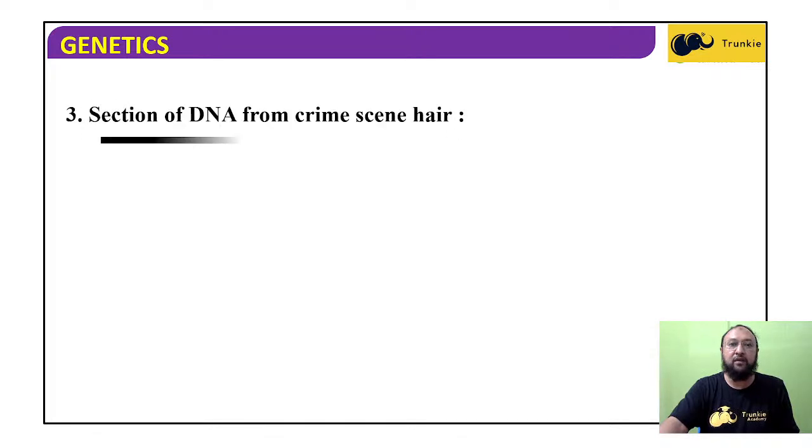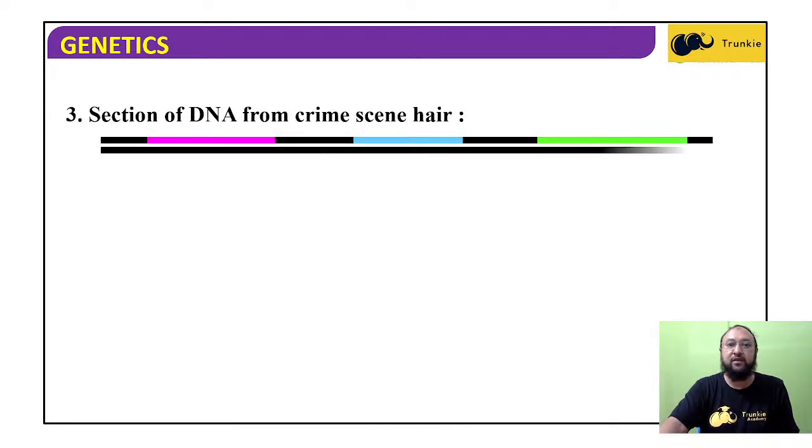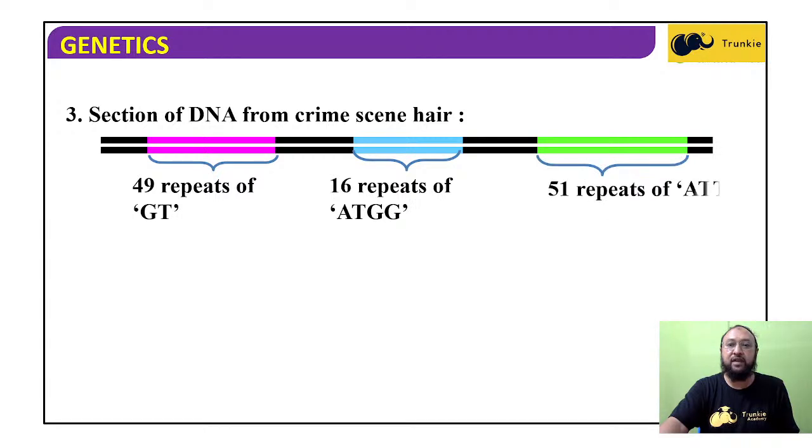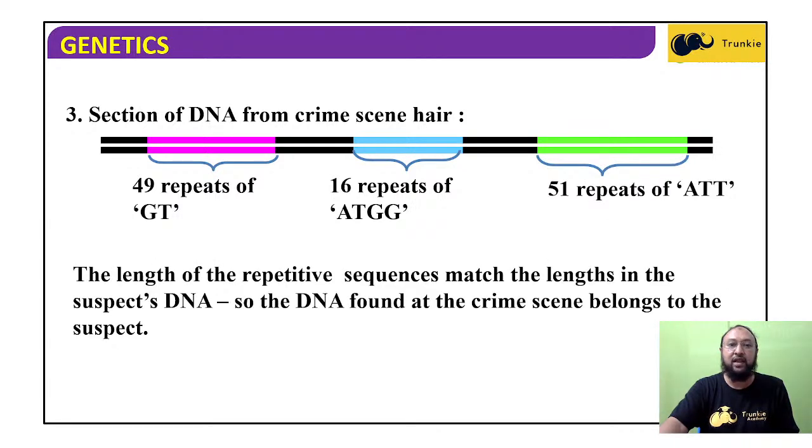Select a section of DNA from the crime scene: 49 repeats of GT, 16 repeats of ATGG, 51 repeats of ATT. The length of the repetitive DNA sequence matches the length in the suspect's DNA, so the DNA found at the crime scene belongs to the suspect, in this case.